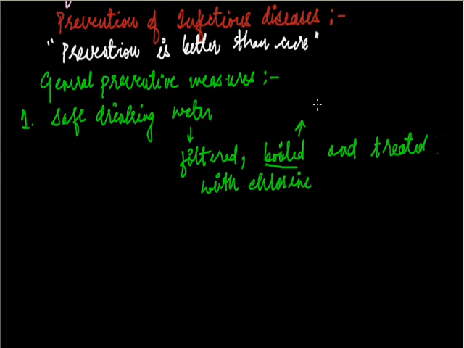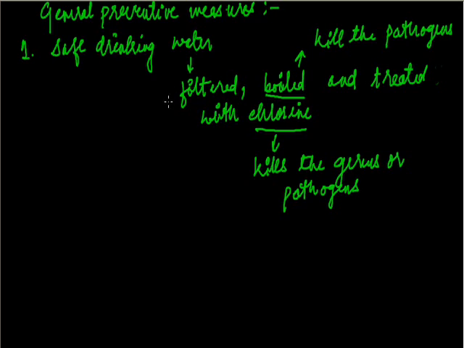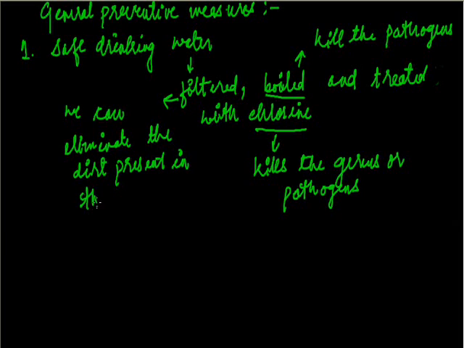By boiling we can kill the pathogens, because most bacteria do not survive a temperature of 100 degrees Celsius, and chlorine is a chemical that also kills the germs or pathogens in the water. By filtering we can eliminate the dirt present in the water.